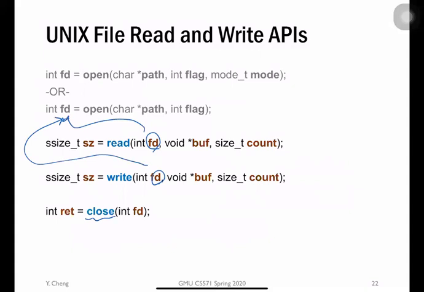The second parameter is an opaque, void type buffer, which holds the data to be read from the file or contains the data to be written into the file. The third parameter is a size_t, which specifies how many bytes of data you want to read from the file, or how many bytes you want to write to the open file specified by the first parameter, which is the fd. Okay.